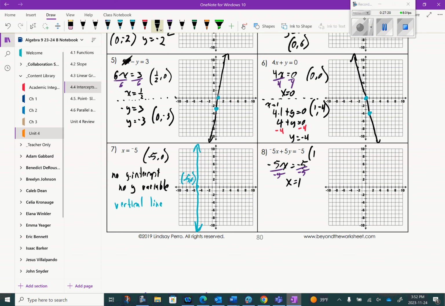So my x-intercept is at 1, 0. For the y-intercept, again, careful when doing the dividing, whether it's positive or negative, makes the difference between the right line and the wrong one.